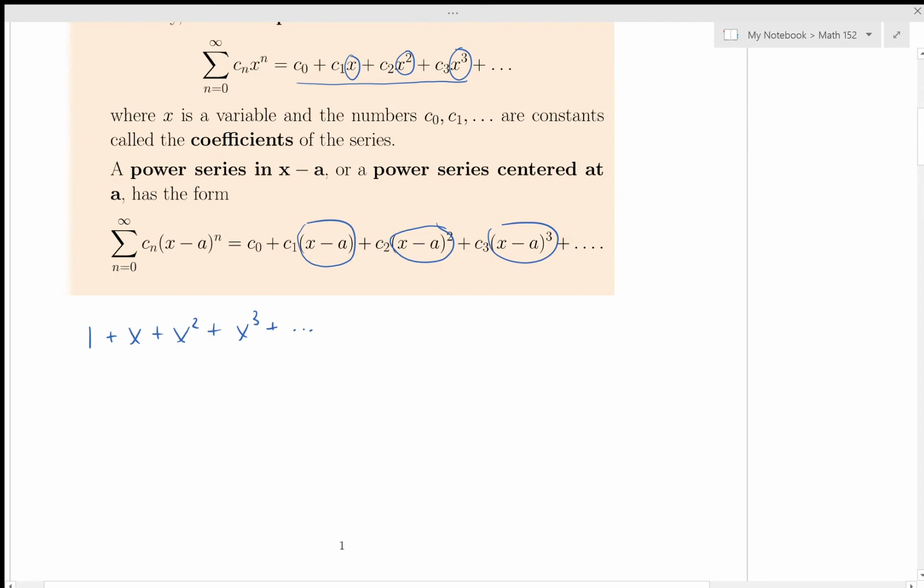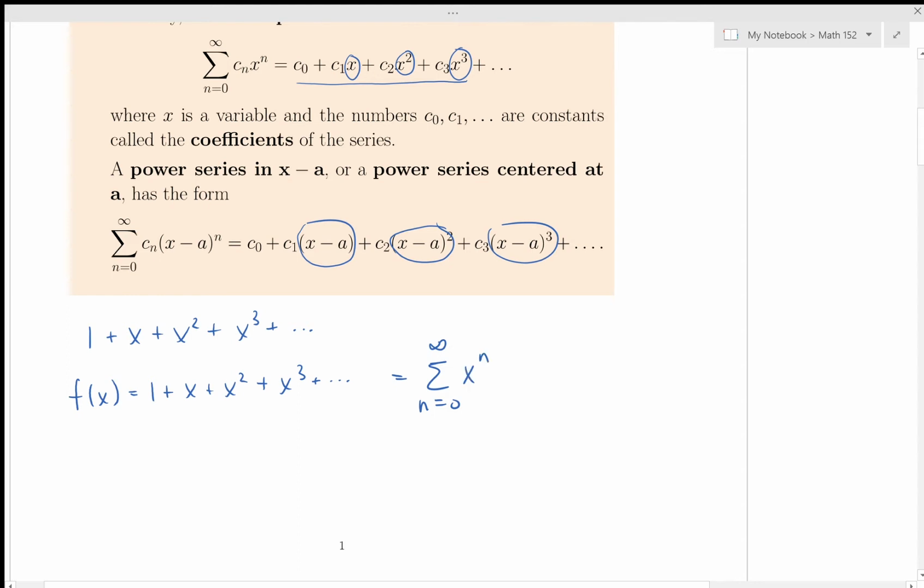So that is one way we could write a function. You want to calculate f of x, we could write it, f of x equals the sum of n equals 0 to infinity of x to the n.